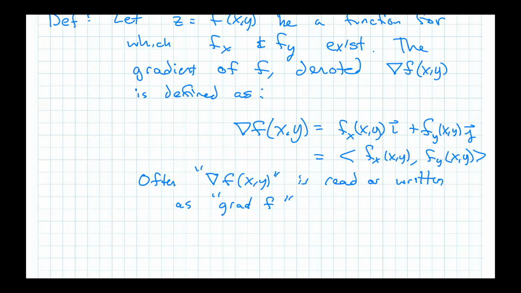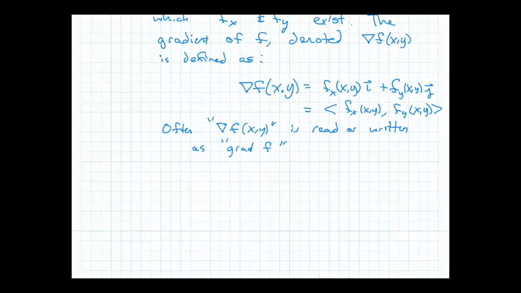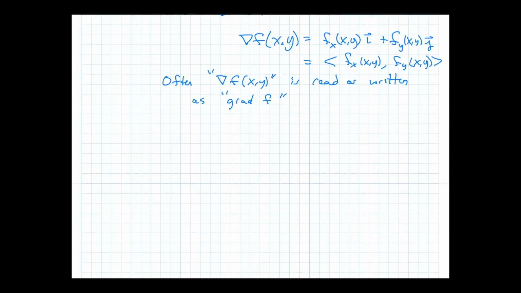It's just sticking the partial derivatives into a vector. And the reason we care about it is because, among other things, it gives us another way to calculate a directional derivative.